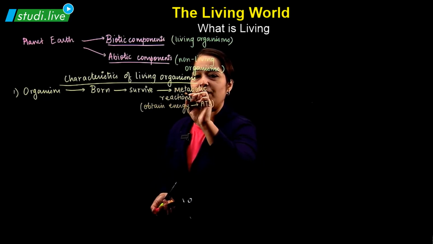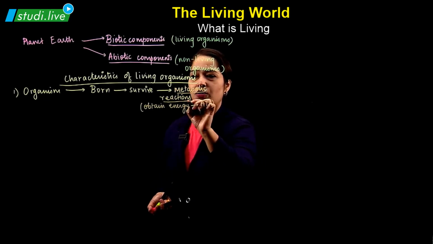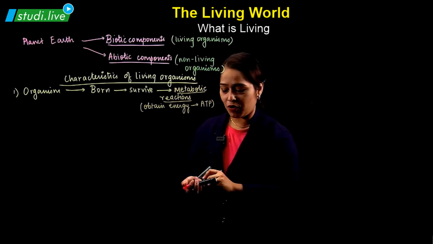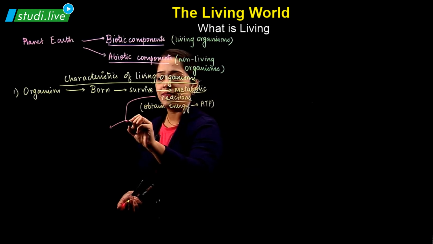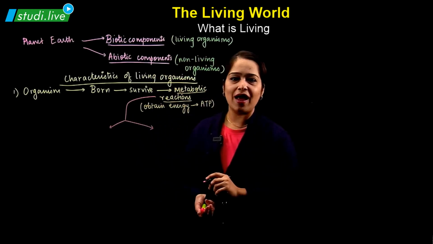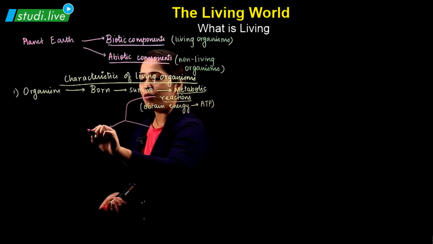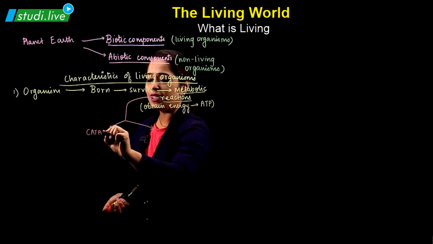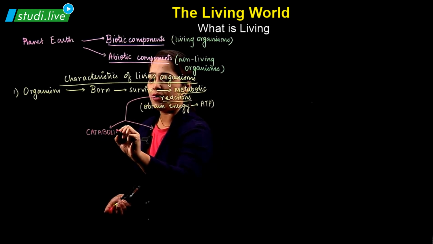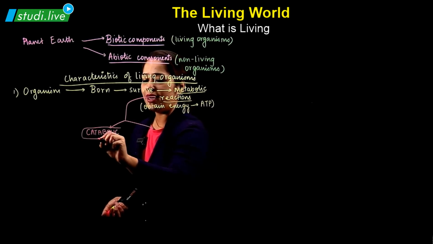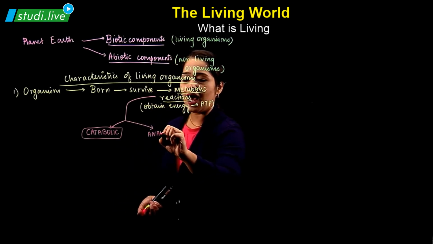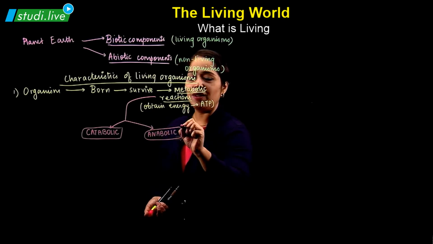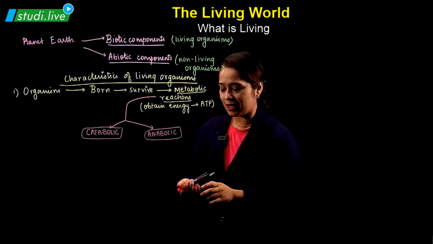These metabolic reactions taking place in the body of the organism are classified into two different types. They can be catabolic reactions or anabolic reactions. When we say catabolic, it means the breakdown of large molecules into simple ones. And when we say anabolic reactions, it is the formation of complex substances from simple substances.